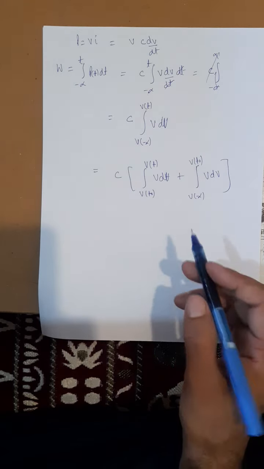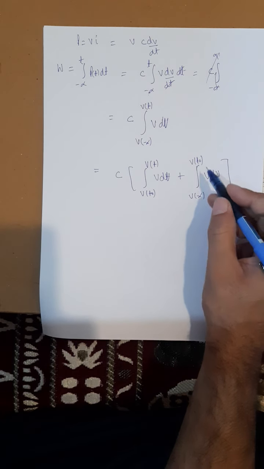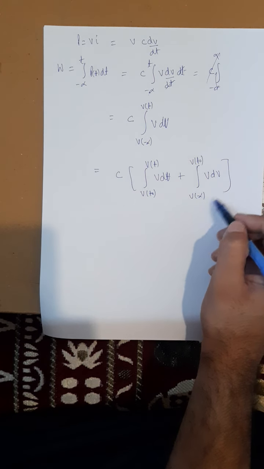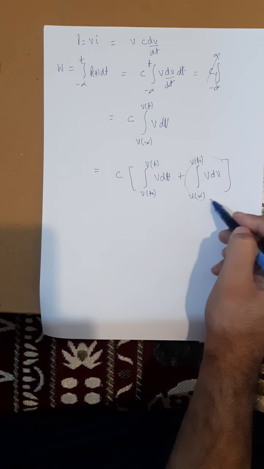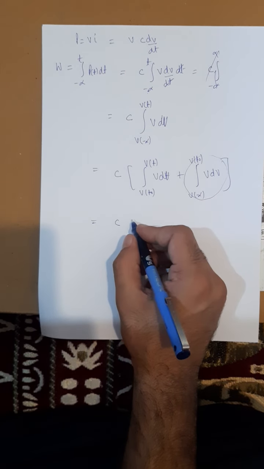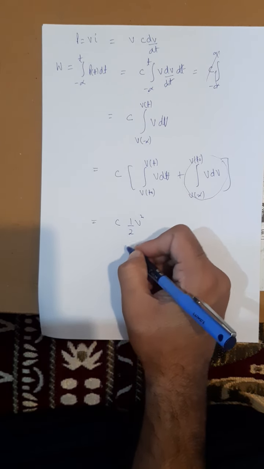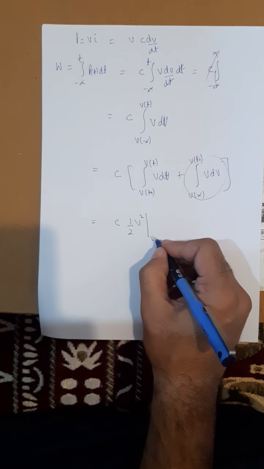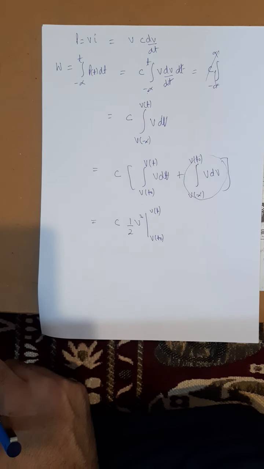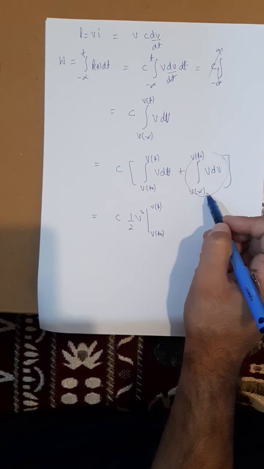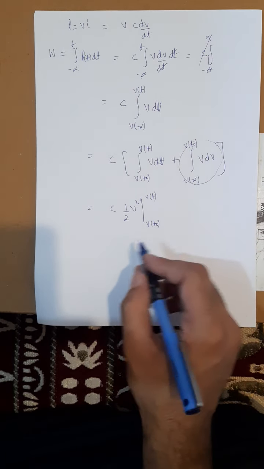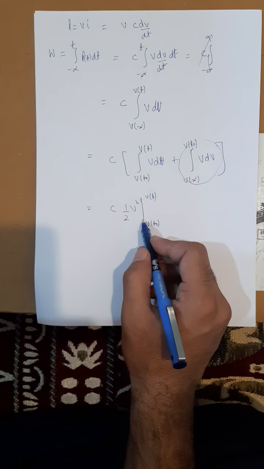Suppose initially the capacitor was uncharged, that is, at time t equal to minus infinity the capacitor was uncharged. So this term will be equal to 0. I am left with C times the integral of v dv, which is 1 by 2 v square, from v at t naught to v at t. So I am left with 1 by 2 C v square.